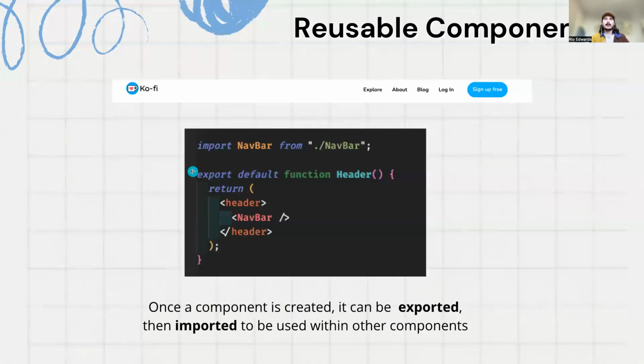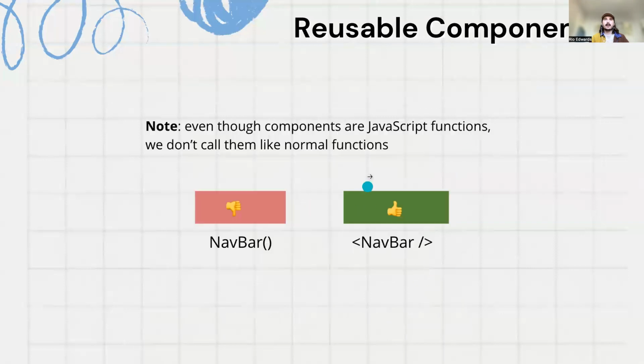Okay. So we have created a component and we exported it and we can use it in other components. Something to watch out for when you're using a component: even though all components are just JavaScript functions, we don't call them like a normal function. So this is how you might imagine calling a normal function.